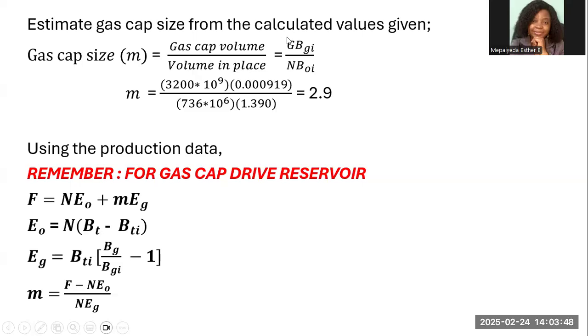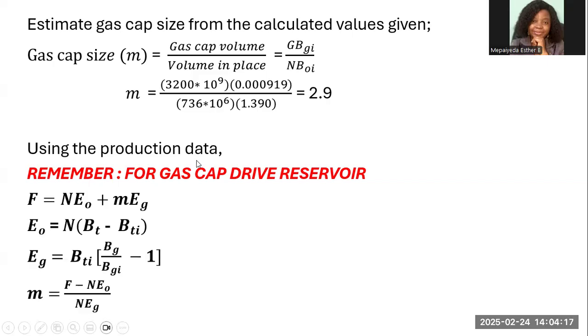So you have the gas cap volume G Bgi, and the oil in place N Boi. You're given G, Bgi, N, and Boi. So we have m straight up 2.9, and that's the size of the gas cap.